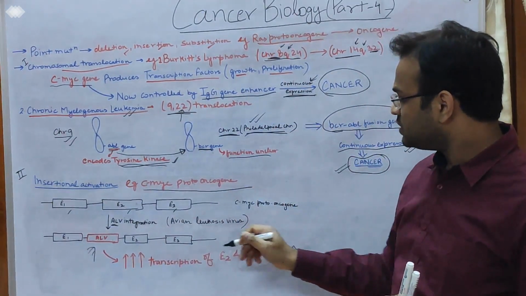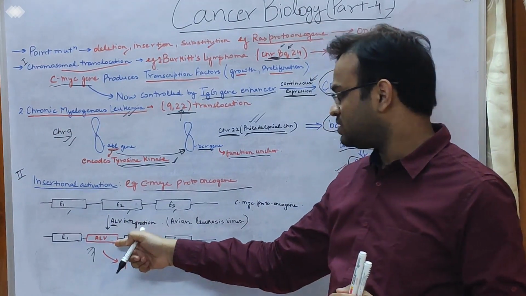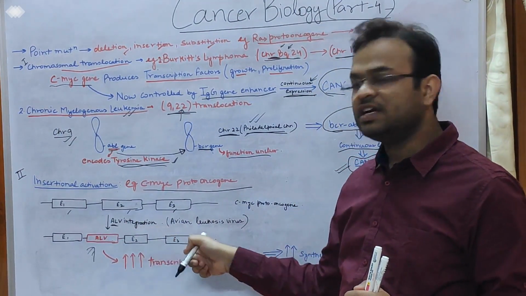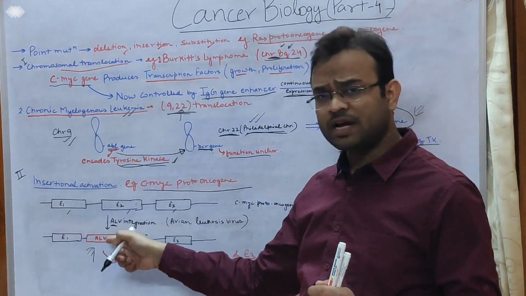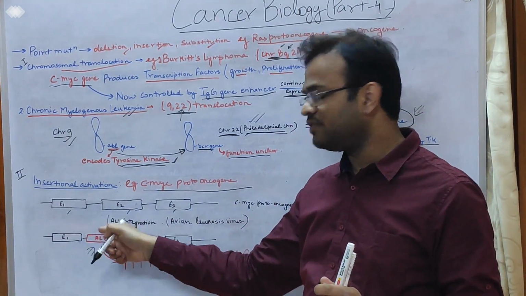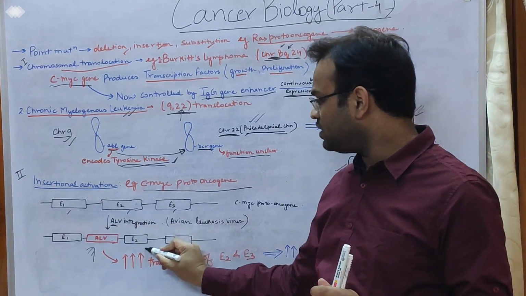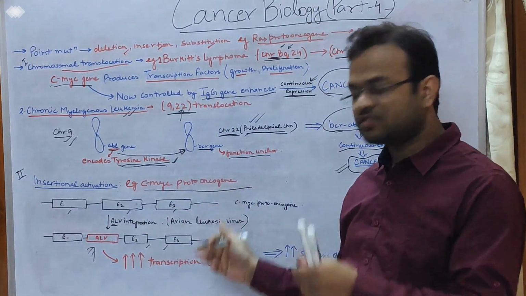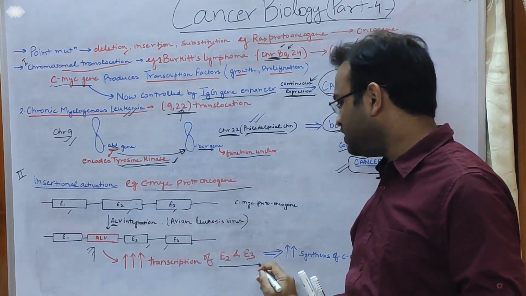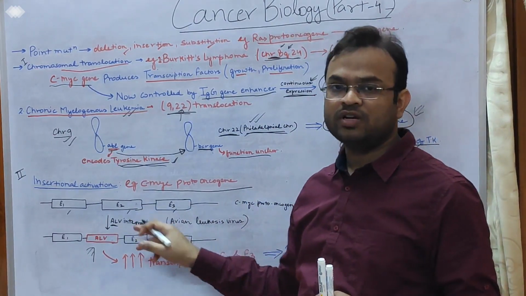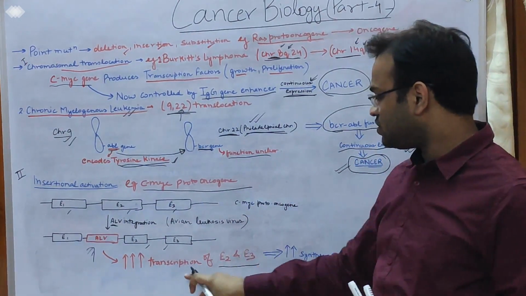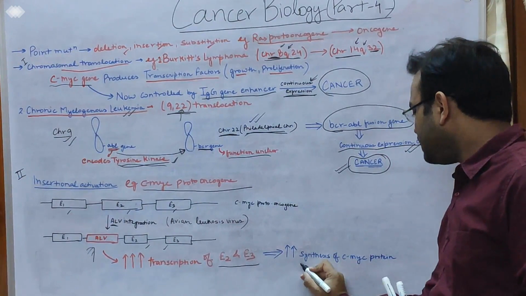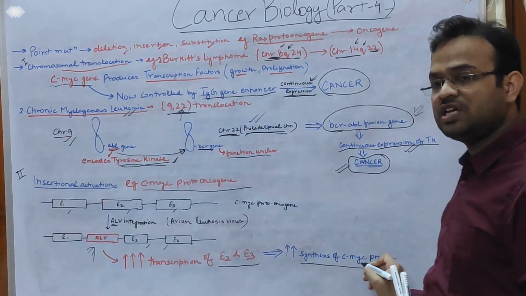Now the promoter of this ALV takes charge of the E2 and E3 exons, and it increases the transcription of E2 and E3, which will definitely increase the synthesis of c-Myc protein.